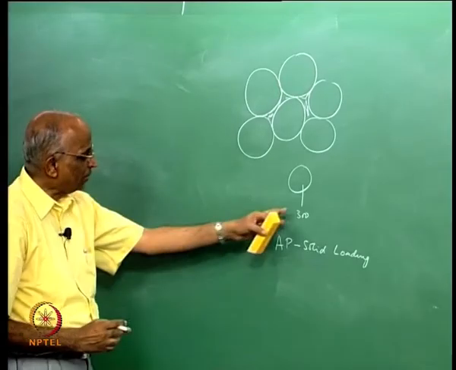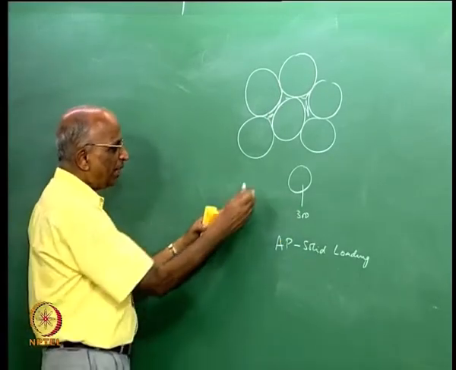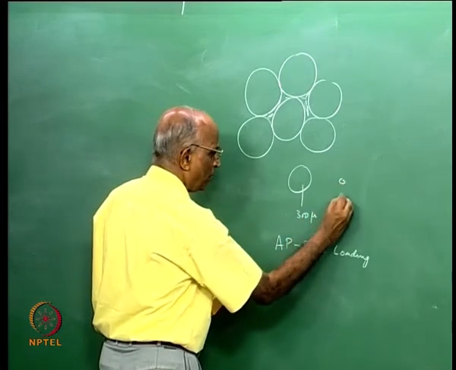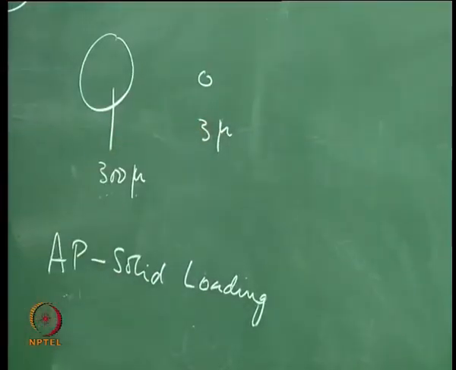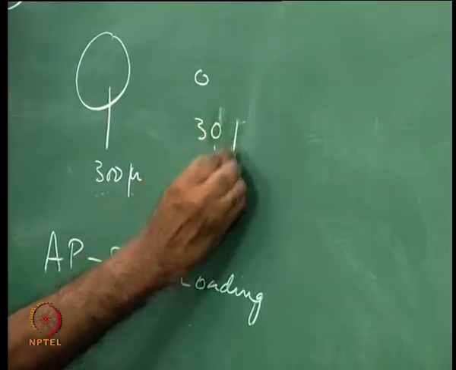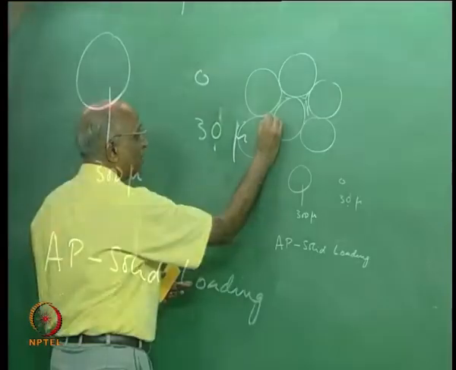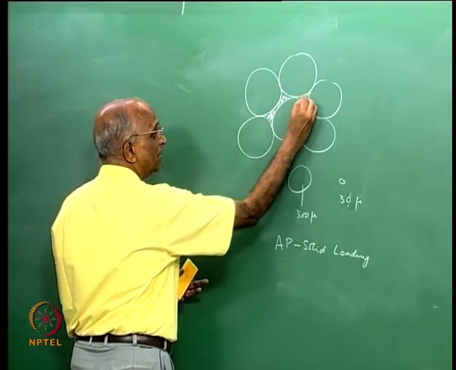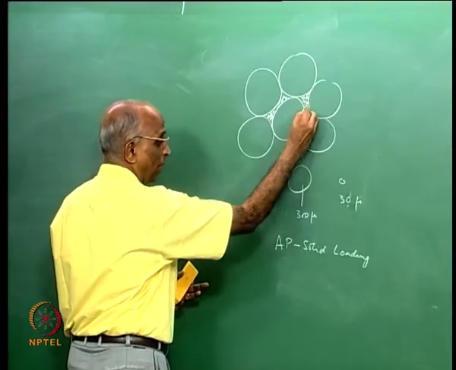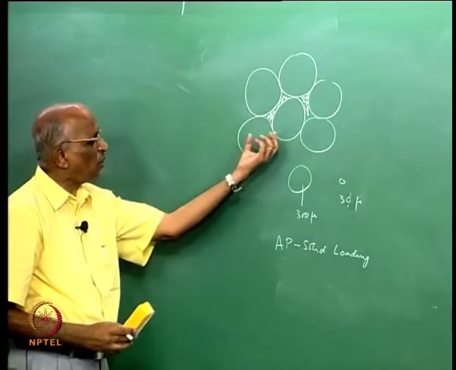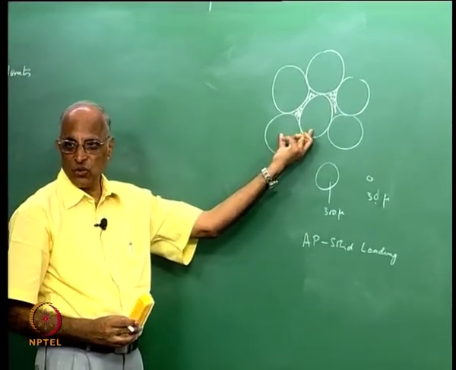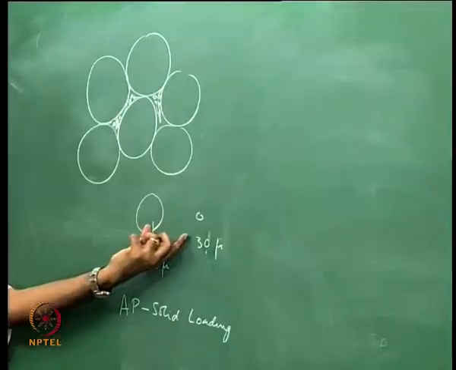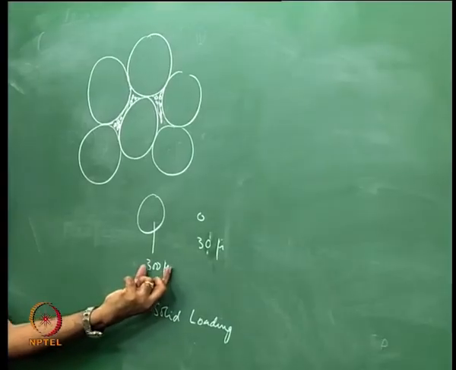Now instead of having 300 micron size, if I make AP of two sizes, maybe I make 300 micron size and another one I put 3 micron size, or let us say 30 micron size, 3 is very small, then what is happening is the small particles can be put over here. That means I can increase my loading of AP in the propellant. Therefore, in almost all the composite propellants we use today, we do not use a single size of AP, but we use a bimodal size typically between 300 and 30 micron.